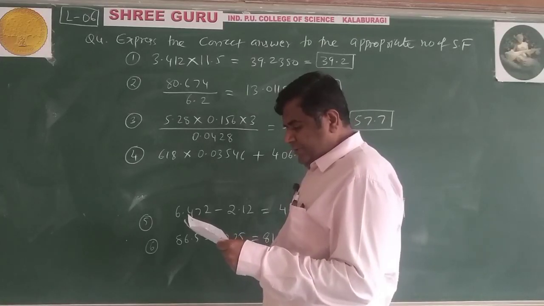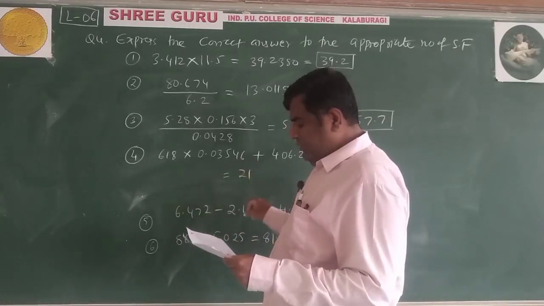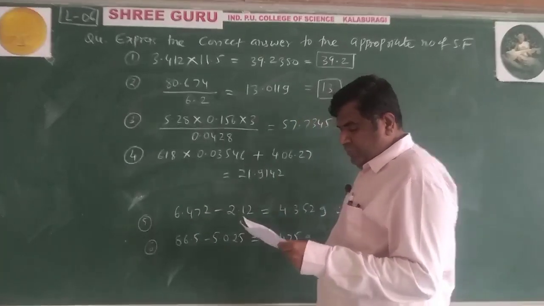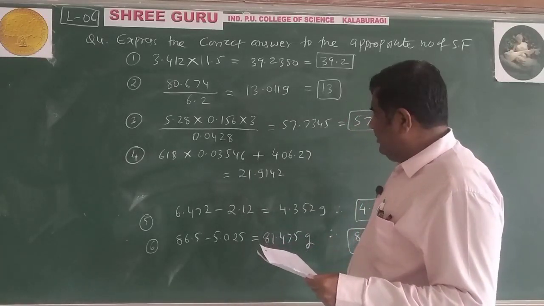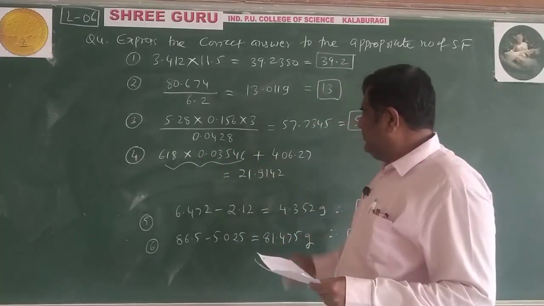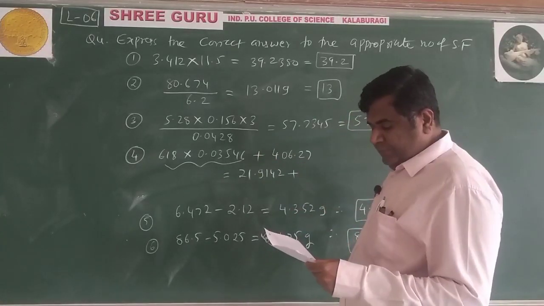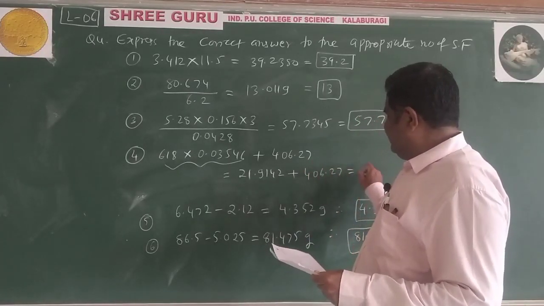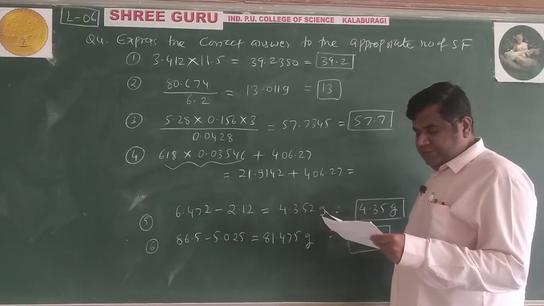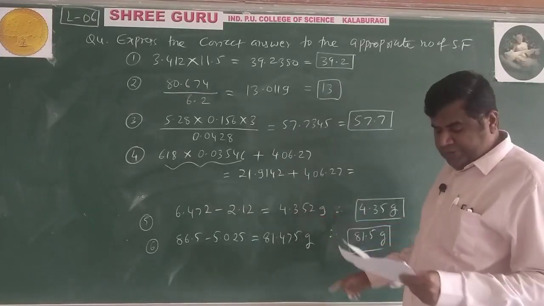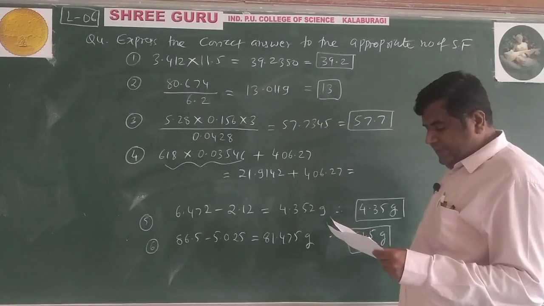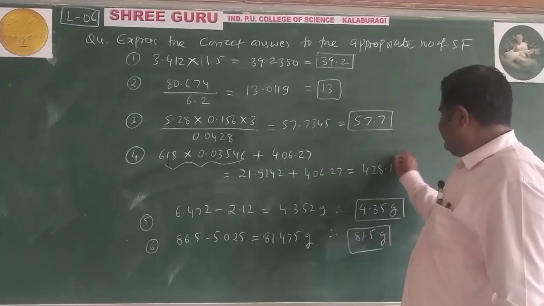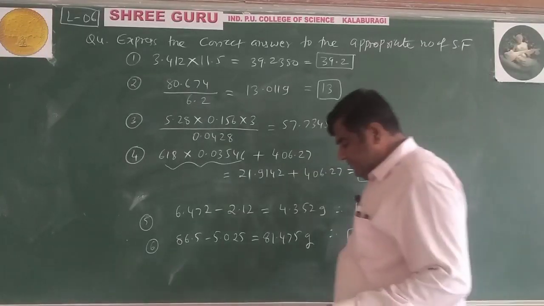The answer is 21.9142, and it should be added. This is to be added because first we have to multiply and then we have to add here. 406.27, and the answer should be reported to only 2 decimal places. So, least number of decimal places, 428.18 is the answer to be reported.